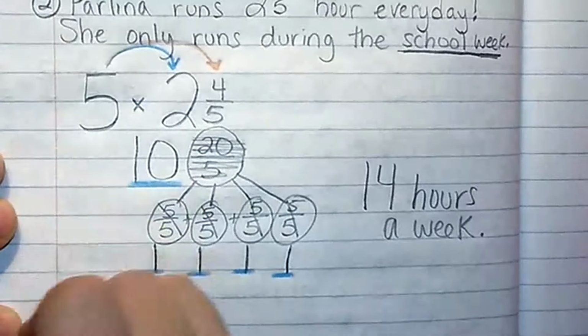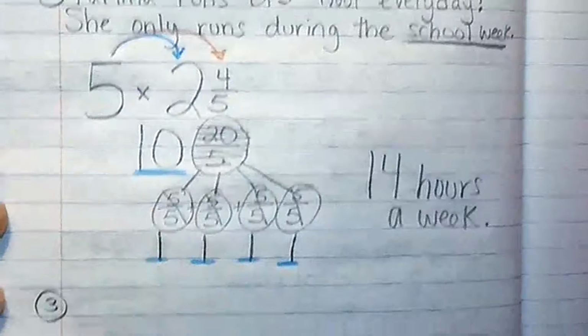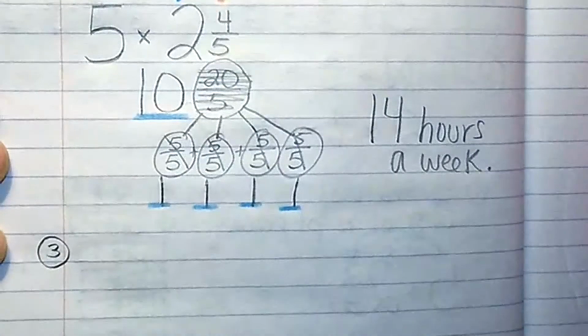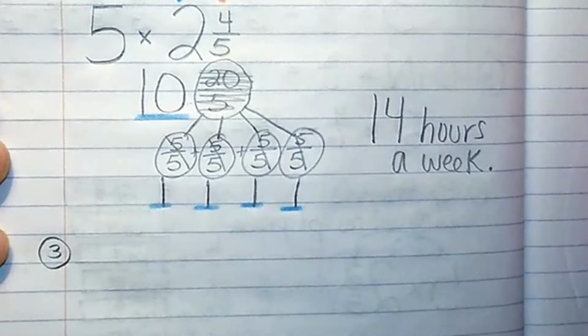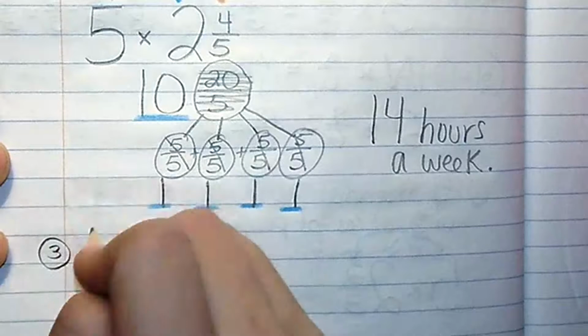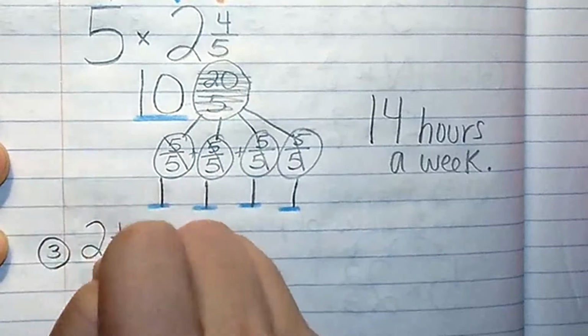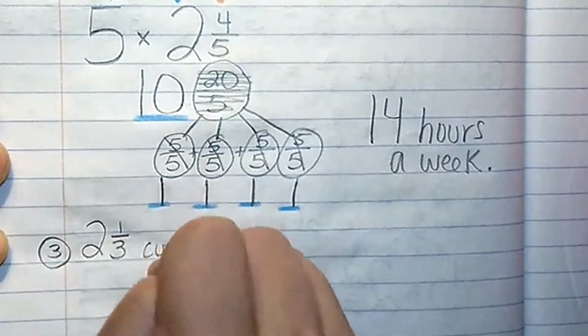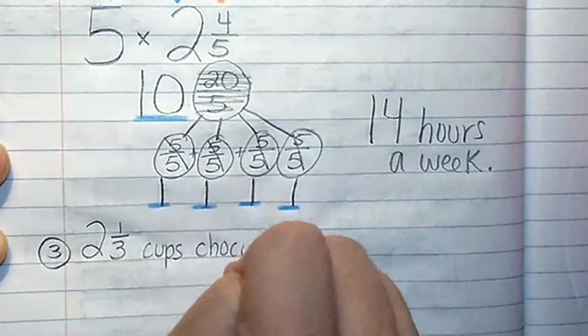So let's try another. Here's number 3. I bet you're getting the hang of these. These are not terribly hard. Miss Armstrong is making a recipe at her house. And her recipe calls for 2 1/3 cups of chocolate chips.